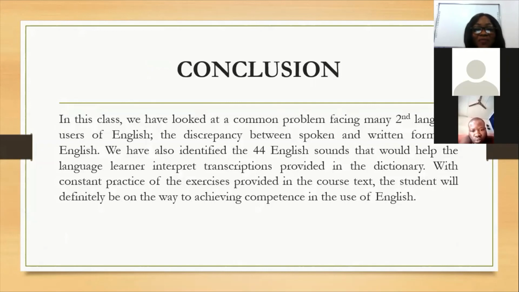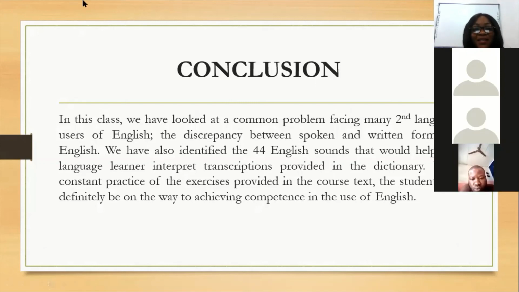Now, I know it may sound very difficult, but with constant practice, especially of the exercises that have been provided for you in your recommended course text, you will definitely be on your way to achieving competence in the use.